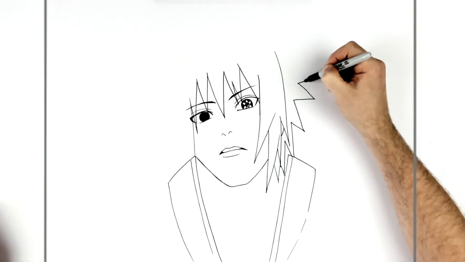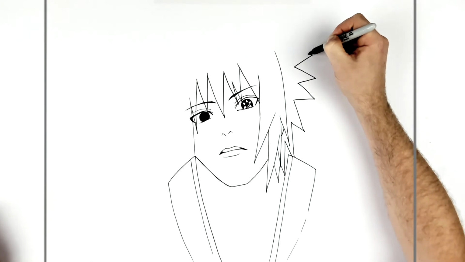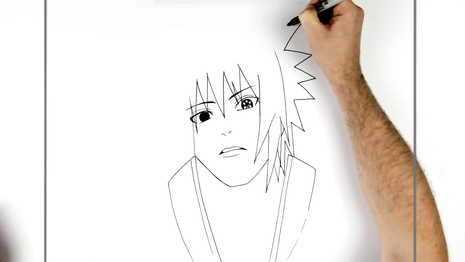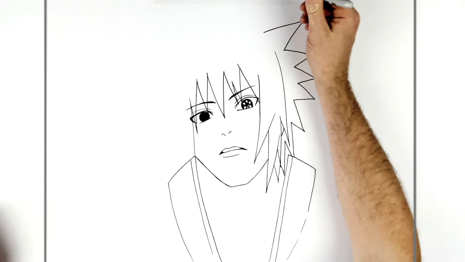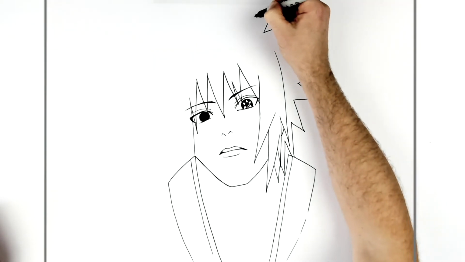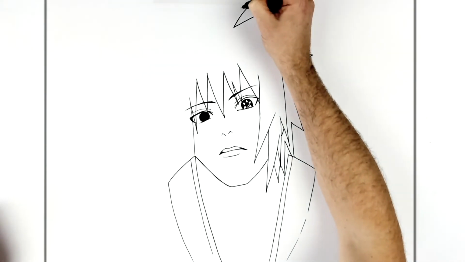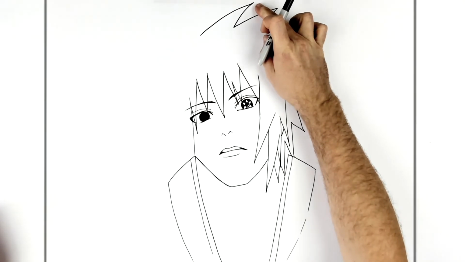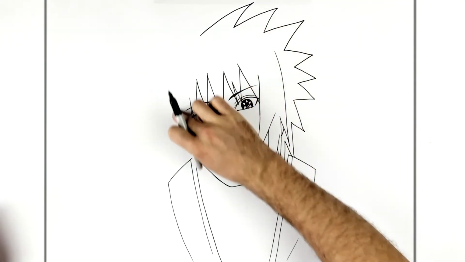So these stick out horizontally to his head. They go around his head this way. And this one then just travels down to the front and then down the side of his head.